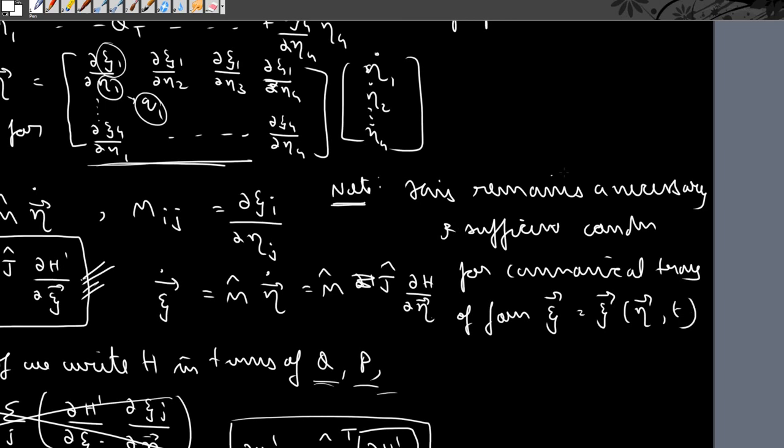So a general canonical transformation which can depend on time as well should also satisfy this symplectic condition, but here we have proved that the symplectic condition must be satisfied for restricted canonical transformations. We have not yet proved it for canonical transformations of this form, and that will be the topic for our next video. Okay, the proof will be in the next video.